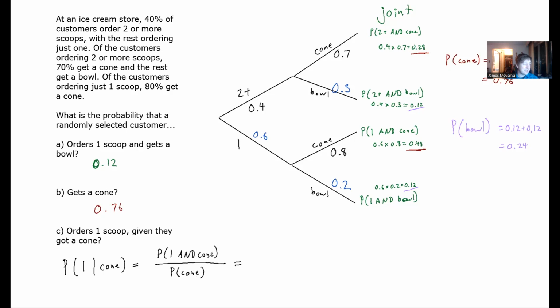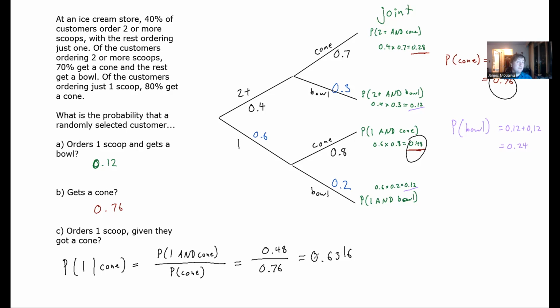The one scoop and a cone is this group, the 0.48. And the probability they got a cone, we already did over here. That's the 0.76. So 0.48 divided by 0.76 gets me 0.6316. And that's my answer.